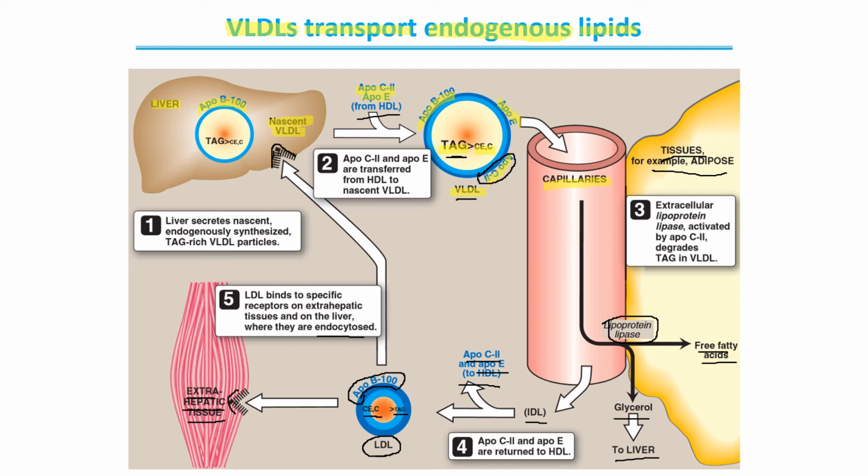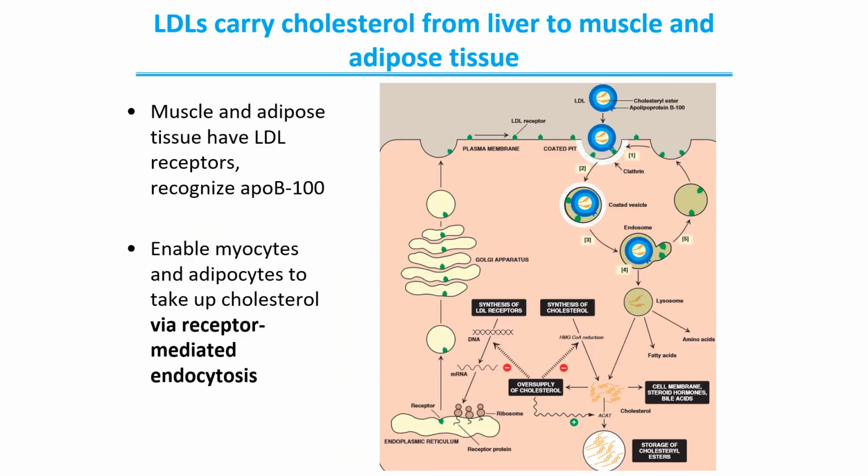Liver or any extrahepatic tissue, most commonly the skeletal muscle. So we saw in the previous slide that LDL carries the cholesterol from the liver to different organs, primarily the muscles and the adipose tissue. So we look at the endocytosis process in a bit of detail, how this LDL particle is taken up by this muscle cell or the adipose cell.